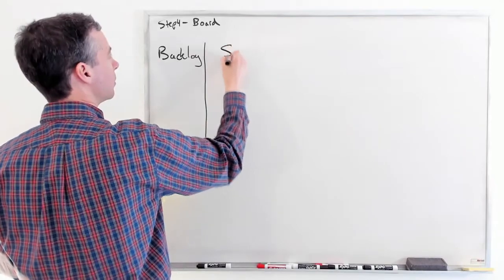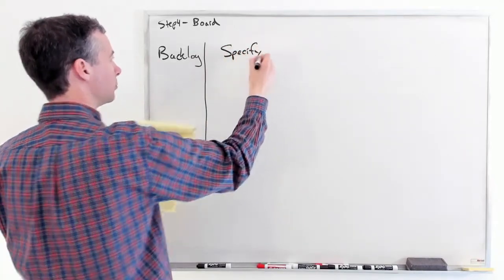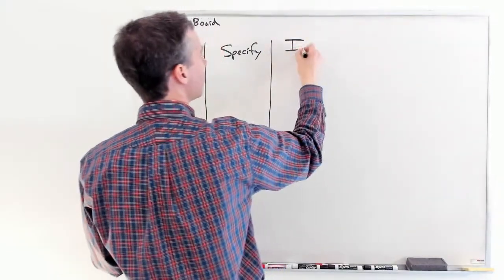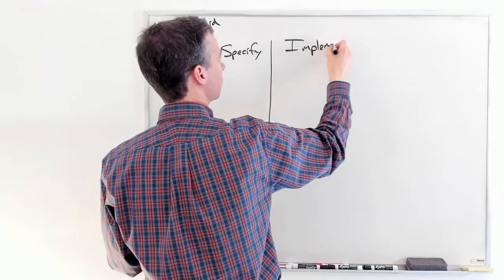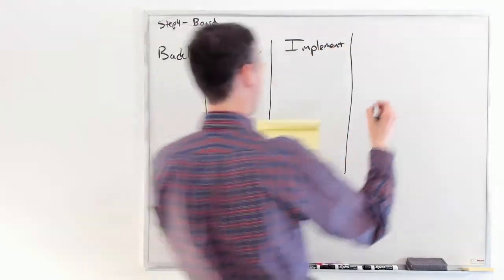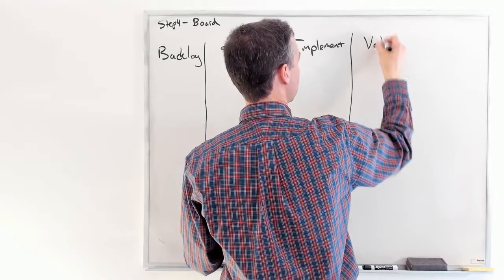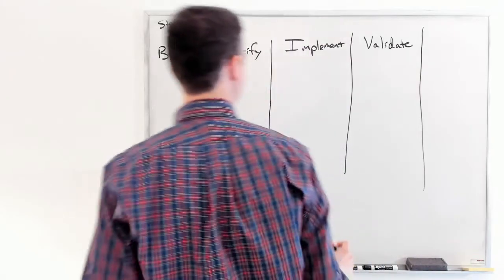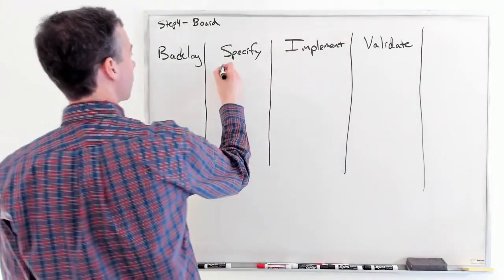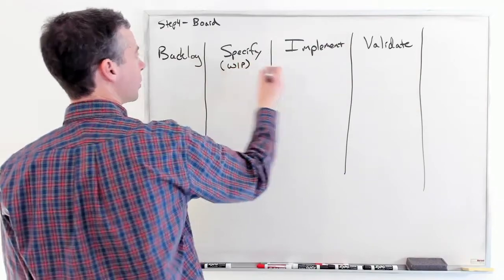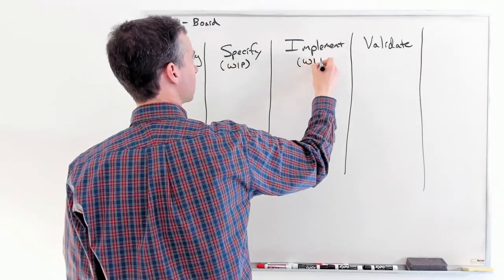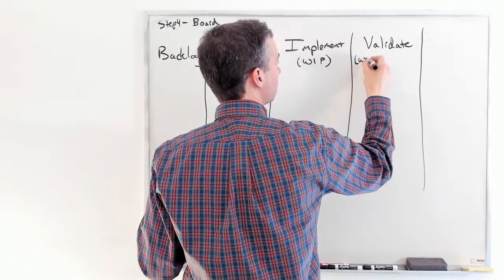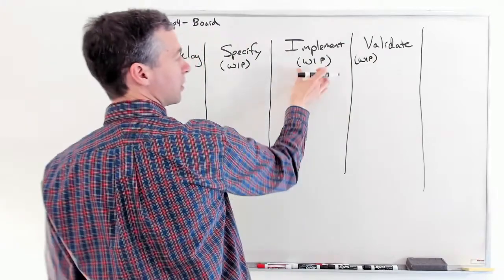Then we have our specify step, and we have our implement step, and we have our validate step. Then we're going to put in whatever our work in progress limits are.